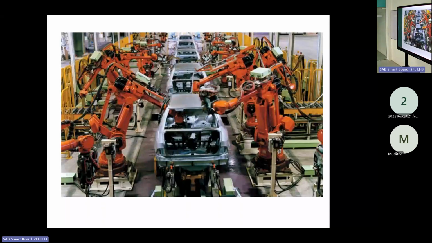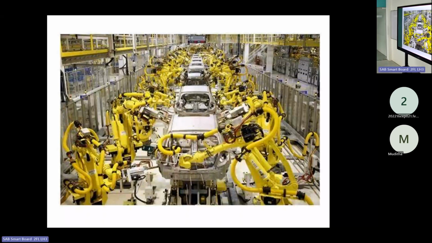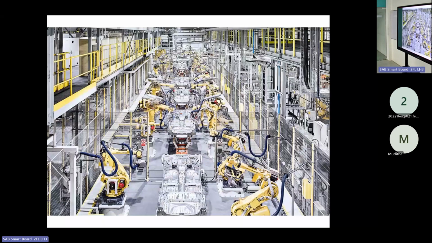And now we see a lot of robot arms completing processing at different workstations. And this is an even better one, highly efficient. This is one of Nissan's factories, where the processing activities are almost 100% automated assembly work.